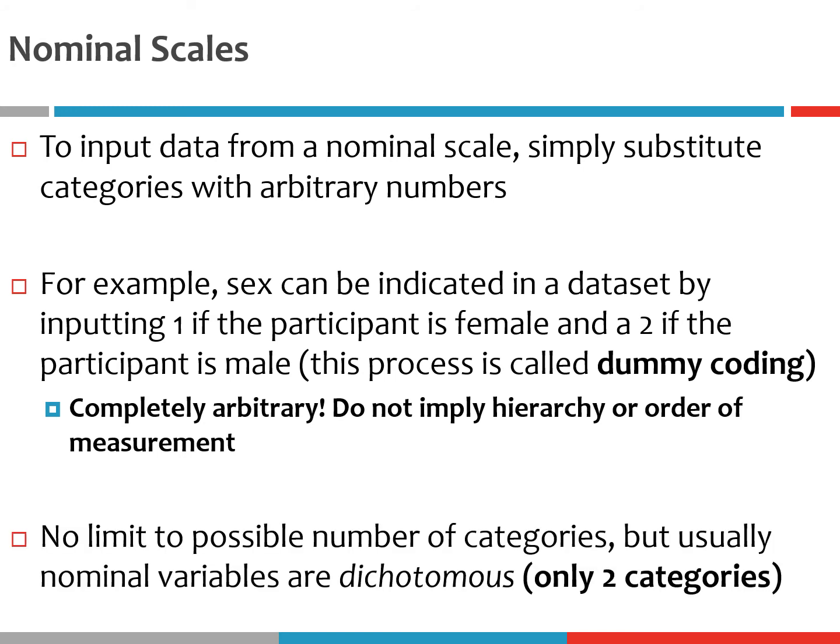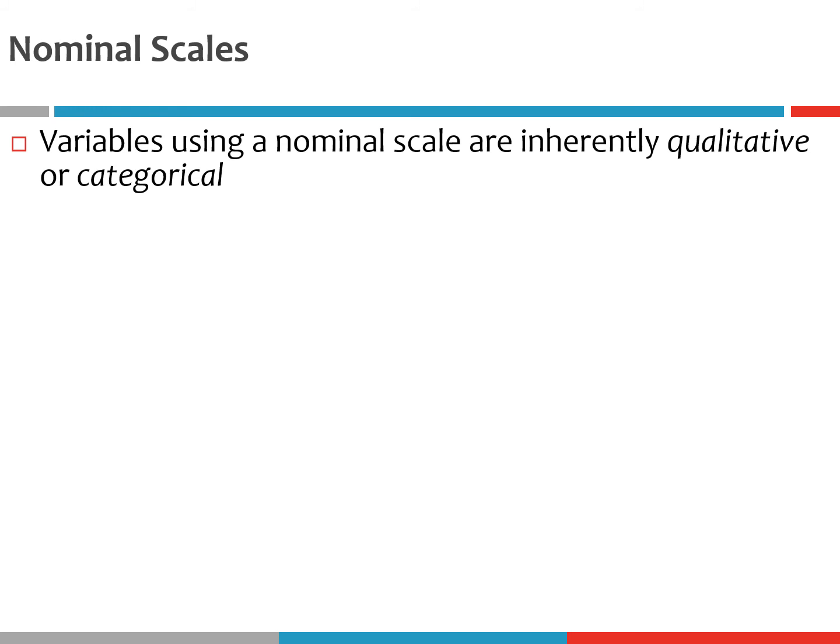And again, like I said, there's no limit to the possible number of categories with nominal variables, but usually they are dichotomous, meaning there are only 2 category levels, right? Like I said, male or female, etc. Okay. And again, variables using a nominal scale are inherently qualitative or categorical.